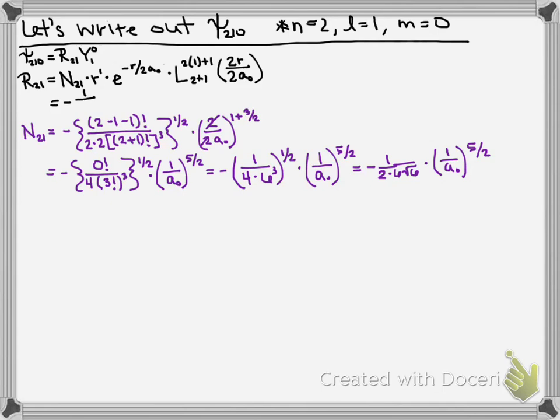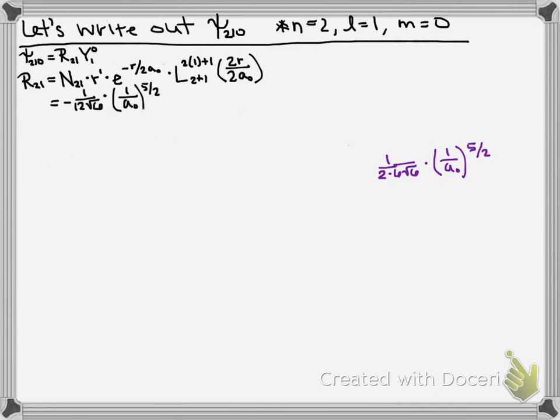Okay, so let's plug that into our radial wave function. And then we have the rest of our wave function to contend with. So r raised to the 1 is simply r. We have our exponential. Now we need our Laguerre polynomial. Just a reminder from the previous slide, the Laguerre polynomial for 3,3 as a function of y is negative 3 factorial, and negative 3 factorial is just negative quantity 3 times 2 times 1, or negative 6.